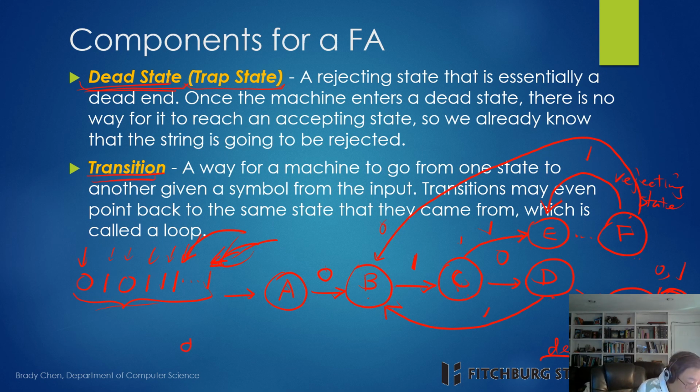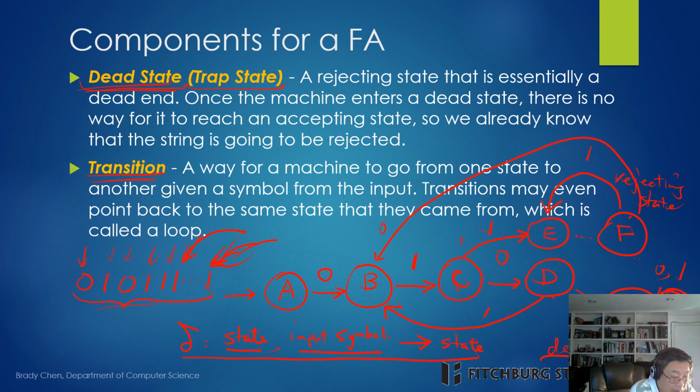The transition delta is defined by the current state and the current input symbol, and by that combination we define what the next state will be. So a transition may even point back to the same state that it came from. In this case, we call it a loop.